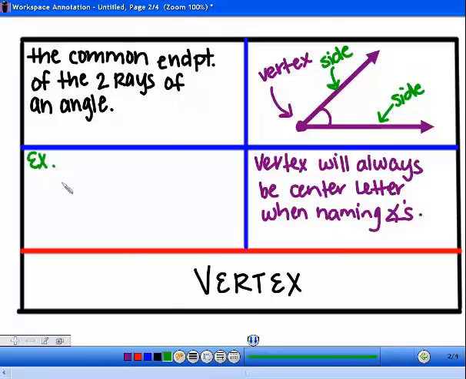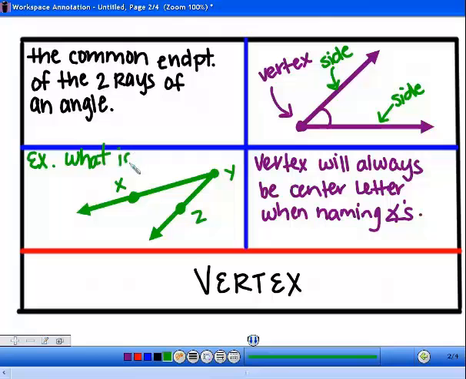As an example, if you were given a drawing, you're given this drawing and told that this is X, Y, Z, and you're asked, what is the vertex?